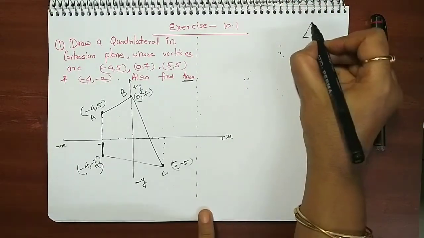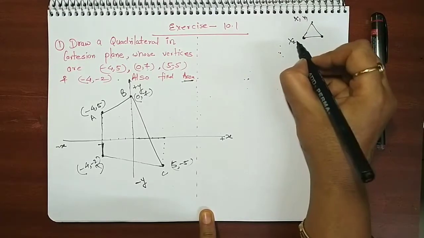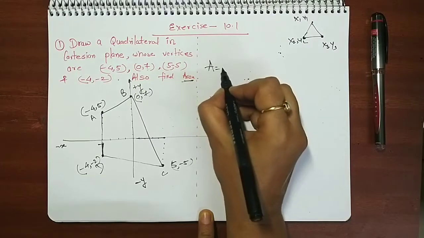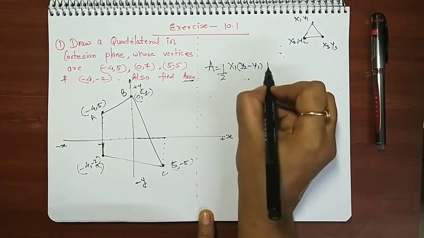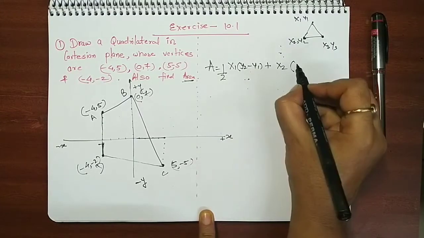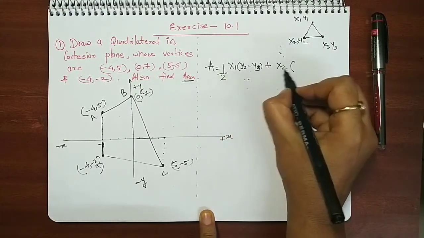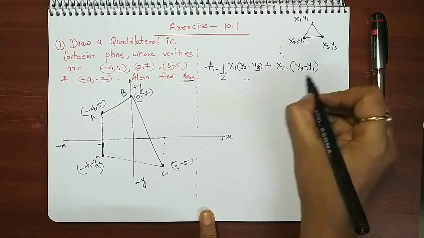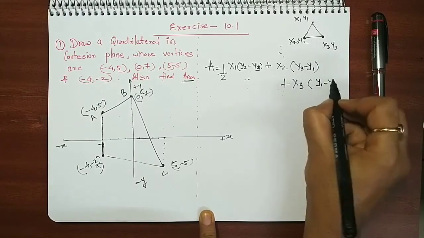We know if 3 points are given in a triangle, x1, y1, x2, y2, x3, y3, then the area is 1 by 2 [x1(y2 minus y3) plus x2(y3 minus y1) plus x3(y1 minus y2)].